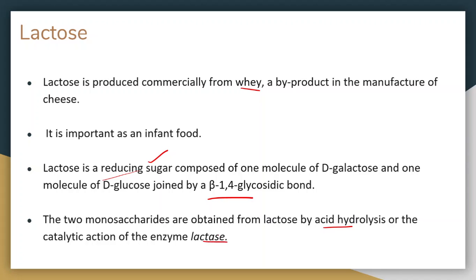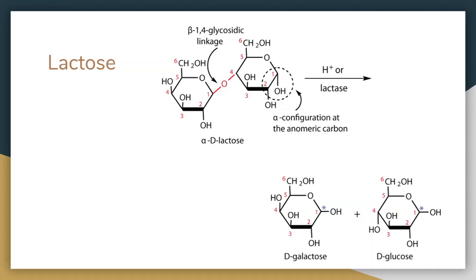So with the help of the enzyme or acid hydrolysis, it is converted into galactose and glucose. Over here you see beta 1,4-glycosidic. Why beta? Because it is above the plane of the ring. Carbon 1 and carbon number 4.